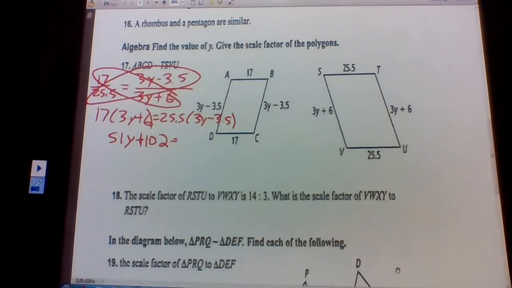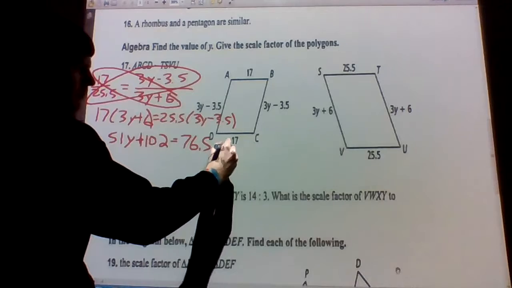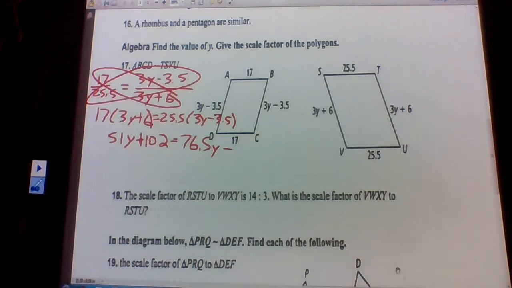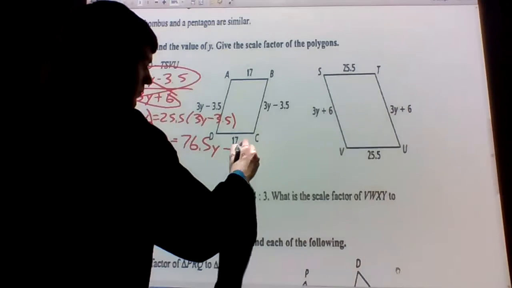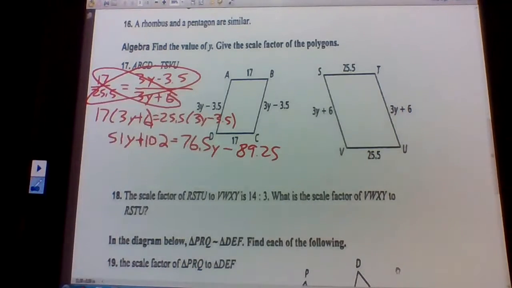equals 25.5 times 3, 76.5y minus 89.25. Right, we've distributed our 17 and 25.5.